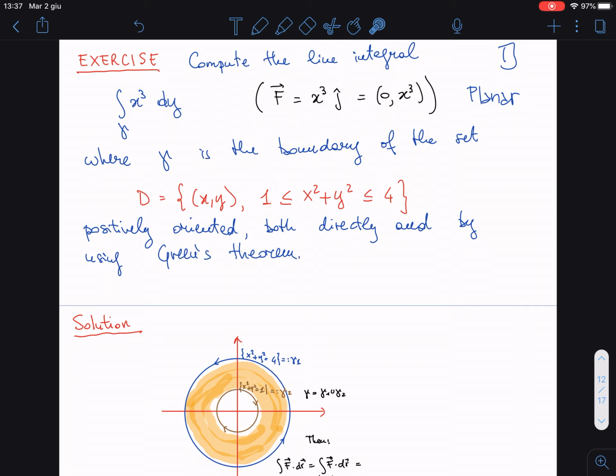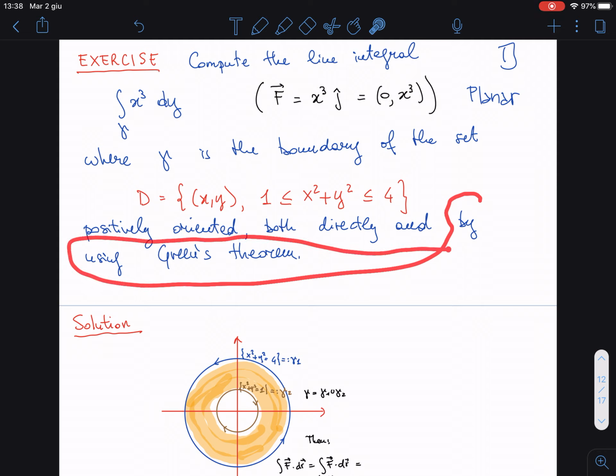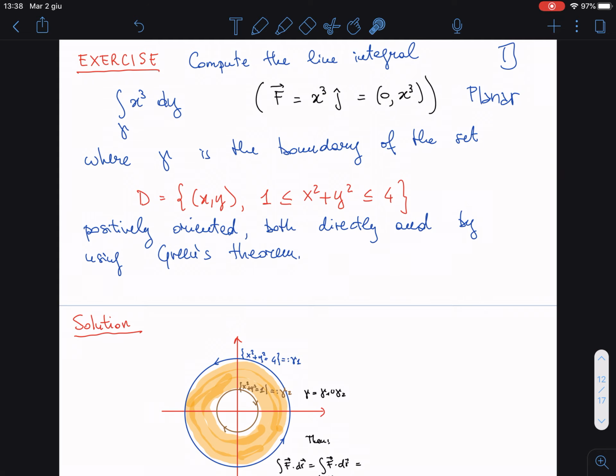We will see what this set is, but of course we have to specify that this boundary has to be positively oriented, and we want to compute the line integral with two methods: directly, as a line integral like this, and then transforming it into a two-dimensional integral by Green's theorem. Okay? This is the exercise.